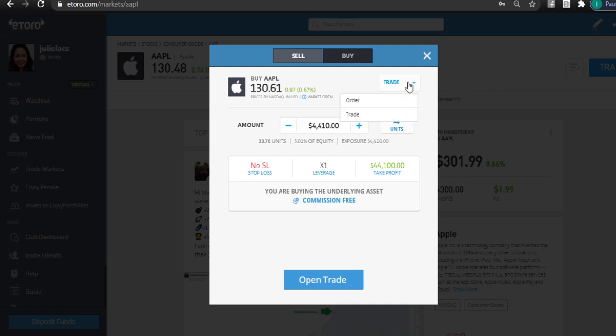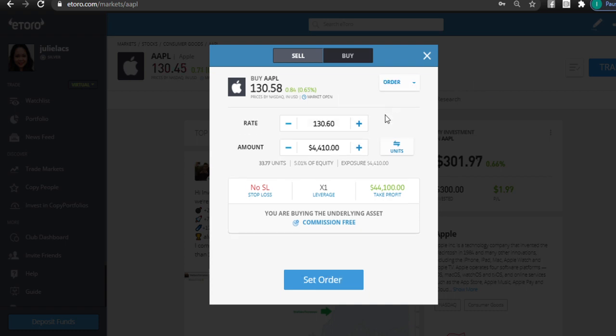This time around, order. This simply means that I am willing to buy this if the amount reaches a certain level. So for example, if the amount reaches, let's say 120, because the current price right now is 130, I am willing to buy $100 worth.